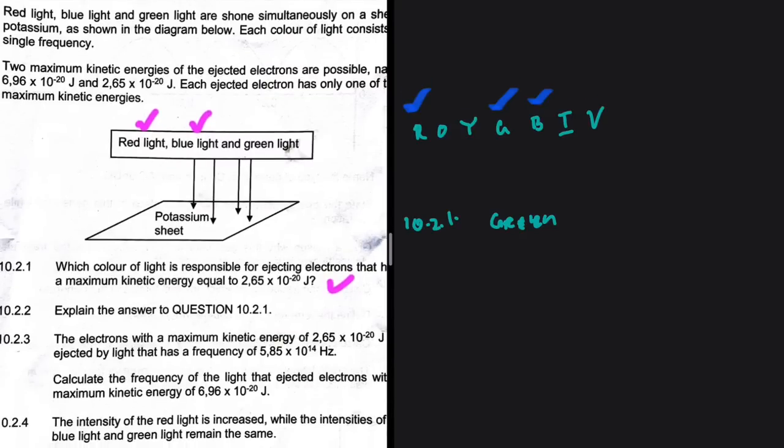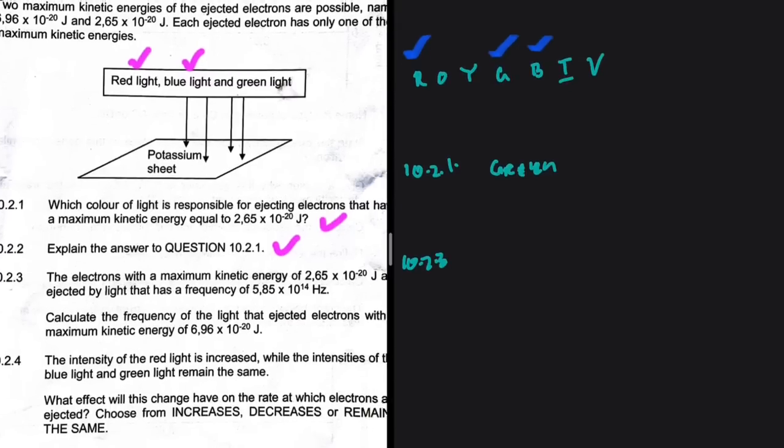So the answer to 10.2.1 is green, right? Green should emit electrons with less kinetic energy compared to blue. So that is 10.2.1. But in saying that, I've answered 10.2.2 as I'm explaining 10.2.1, right? Because that's what the question says. Explain the answer to question 10.2.1.